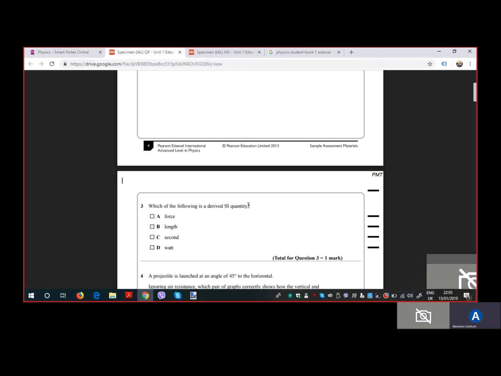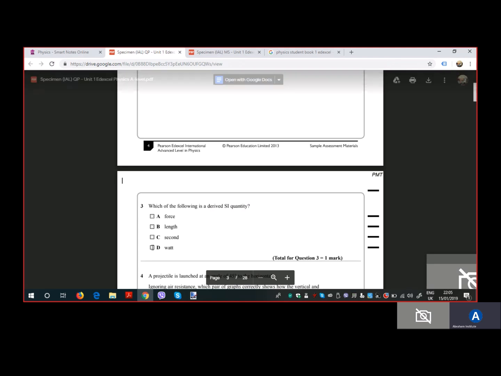We were talking about SI units and base units. Now here it is not about a unit. It's about a quantity. So it should be force, right, sir? Yes, the answer is A. If you didn't read the question carefully, you might circle D.